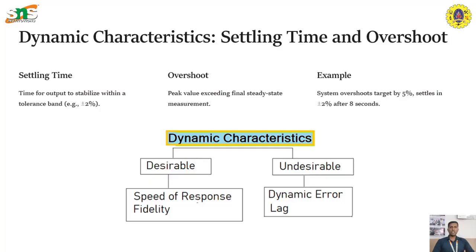If the measured parameter changes instantly, your measurement should also change instantly. That is called speed of response fidelity. What is not desirable is dynamic error lag. If it takes a significant amount of time to sense a particular change, that is undesirable. So we can say desirable is speed of response, and undesirable is dynamic error lag.